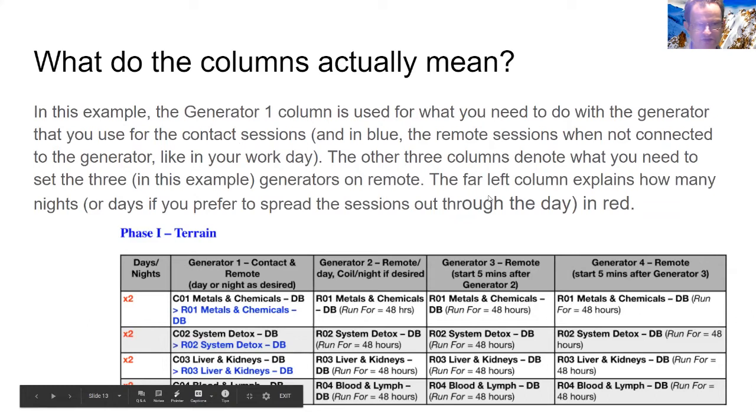Okay, so in this particular sample, which is the terrain part of the protocol, you will see that on the far left-hand column, it tells you the number of days or nights to be running the protocol.